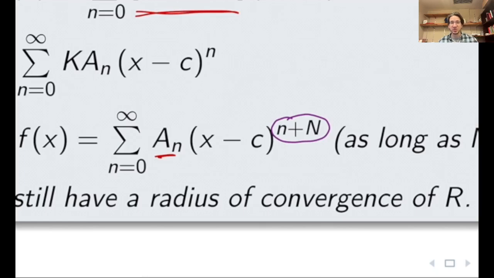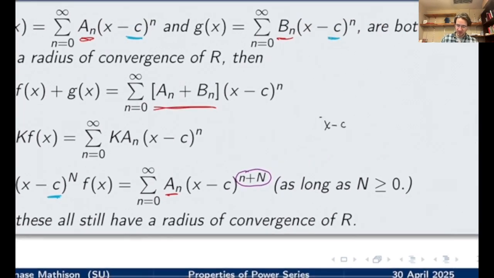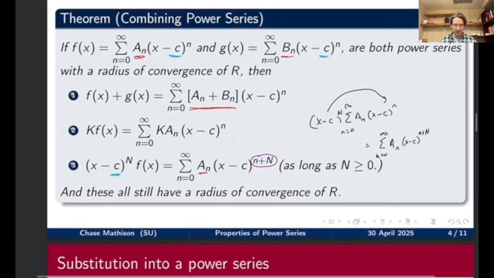I've literally just distributed the (x minus c)^N into the power series. I'm just bringing these in and then combining like terms. This gives me the sum n equals 0 to infinity of a_n times (x minus c)^(n+N). And these all still have that same radius of convergence r that g and f share.